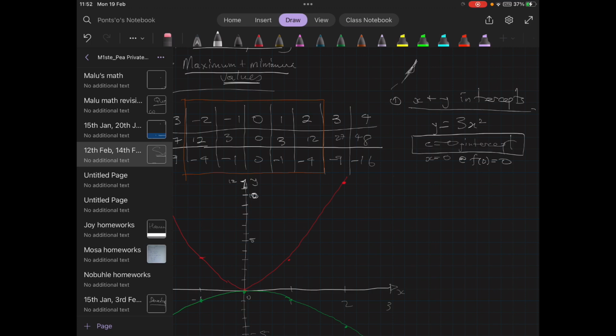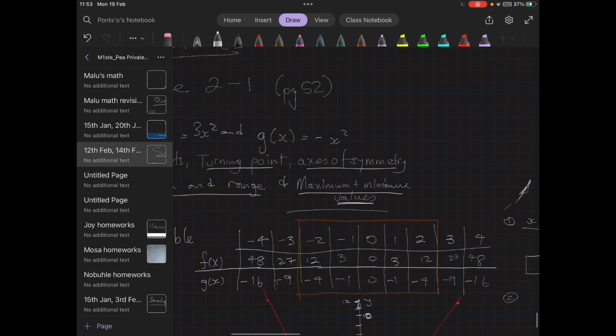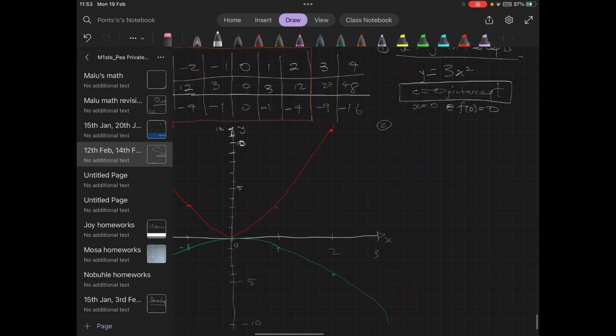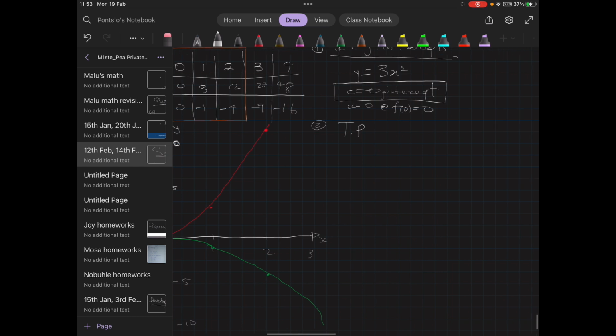Okay. Then the second thing we have to find out is the turning point. How do we find the turning point? We substitute the numbers that we found into the negative b over 2a formula. We recall that the x value is negative b over 2a, and the corresponding y value is the function of negative b over 2a.